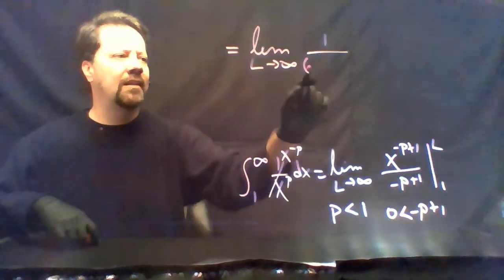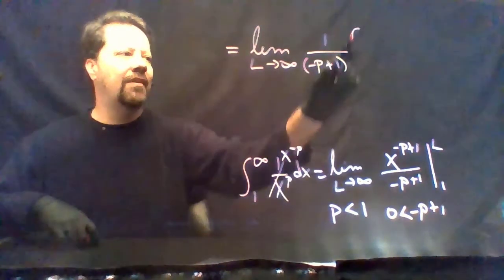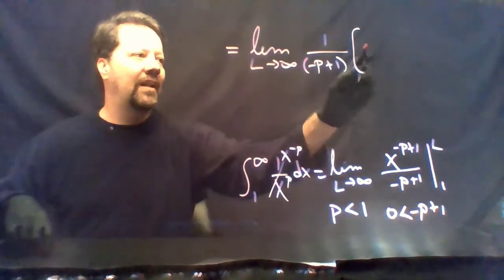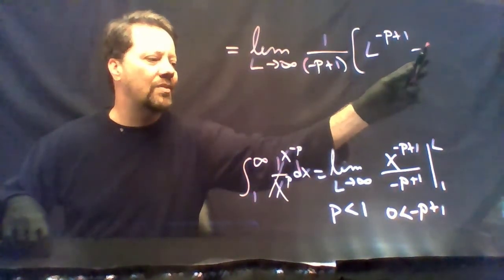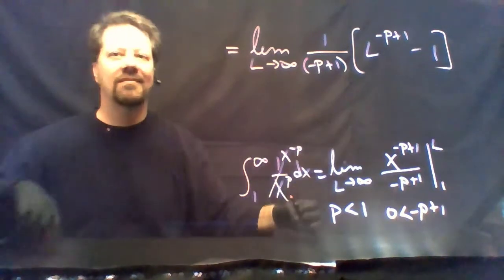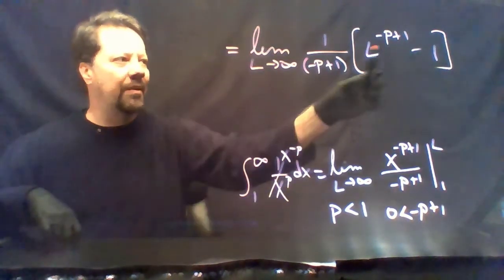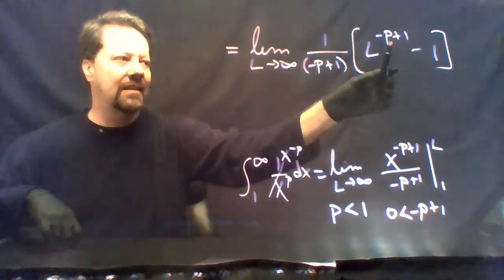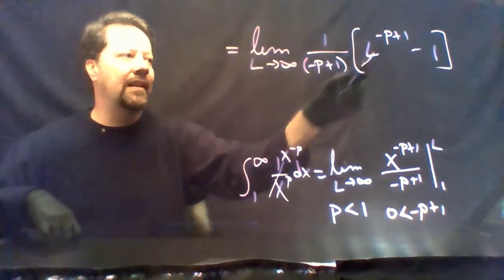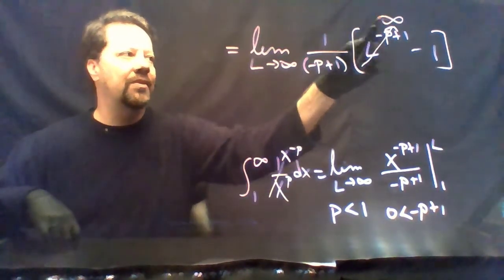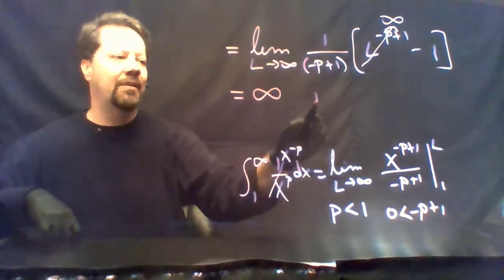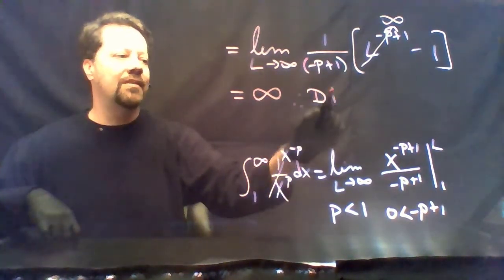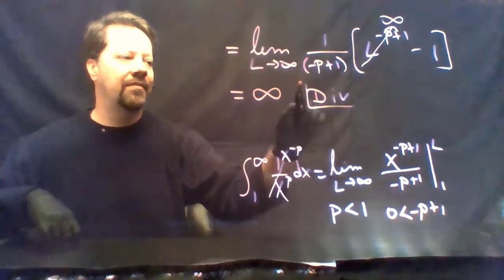We'll bring the negative P plus 1 out front. We'll have L to the negative P plus 1 minus 1. But now, remember, negative P plus 1 is positive, which means as L goes to infinity, this term goes to infinity. The whole thing blows up, therefore the series diverges.